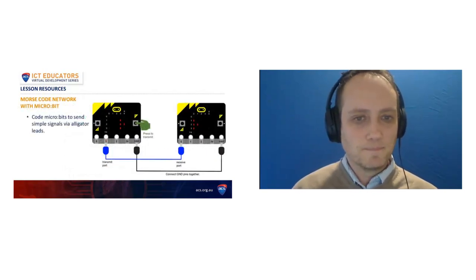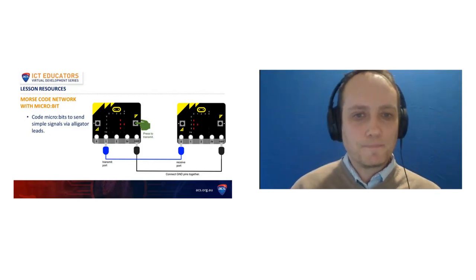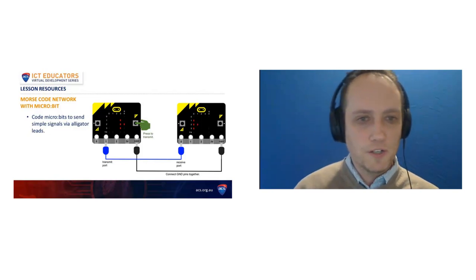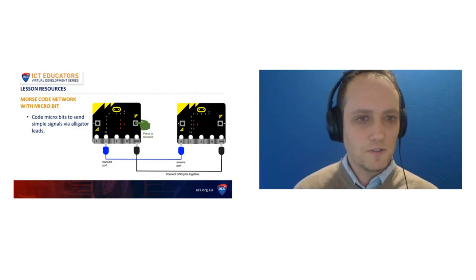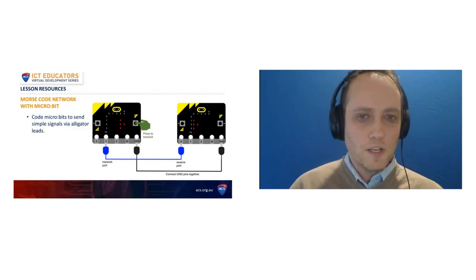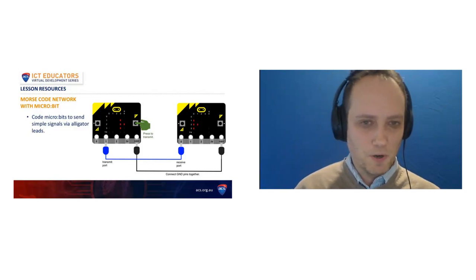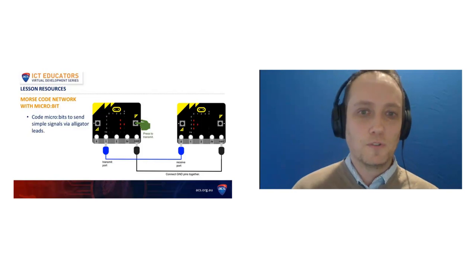The other little example that I've got, and there'll be a link to this in your resources, this is for, again, that network theory topic, and this combines it with a bit of coding as well. So it's a whole little sequence of lessons where you get BBC microbits, these little microcontrollers, you use alligator clips to hook them up, and you write fairly simple programs on them that allow you to tap out some Morse code using the button.